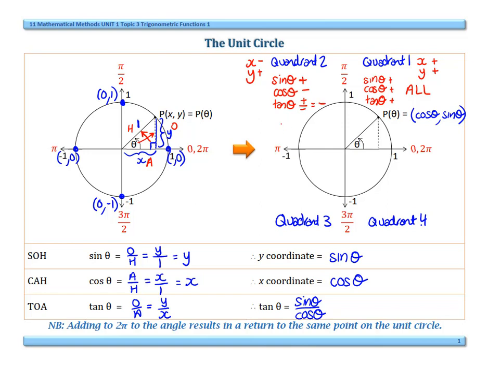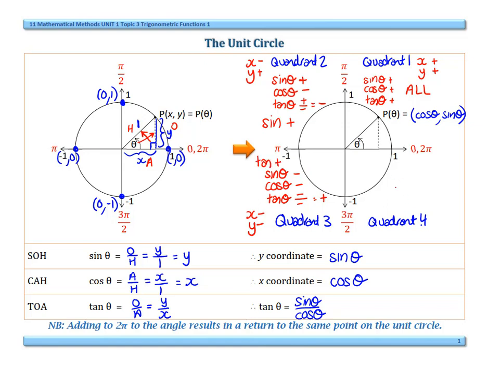So in my second quadrant, only sine is positive. Let's go to our third quadrant. Third quadrant, x is negative and y is negative. So that means my sine theta is going to be negative, my cos theta is going to be negative, and tan theta, which is sine theta over cos theta, negative divided by negative is a positive. So in my third quadrant, tan is positive.